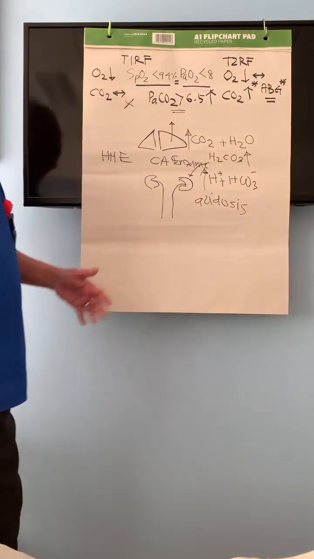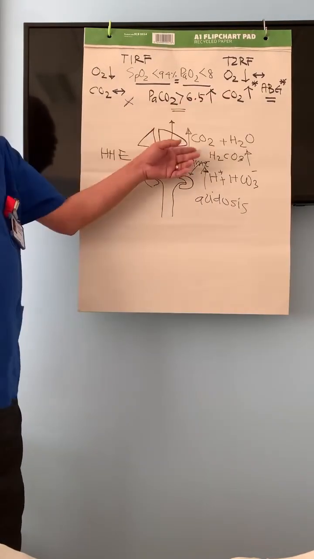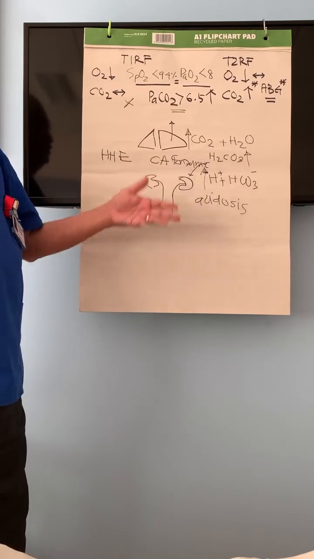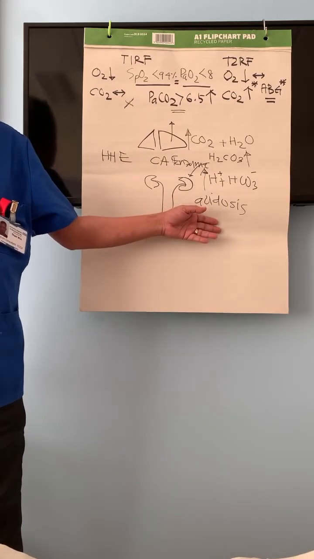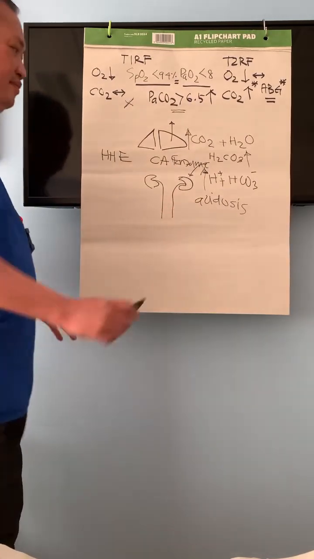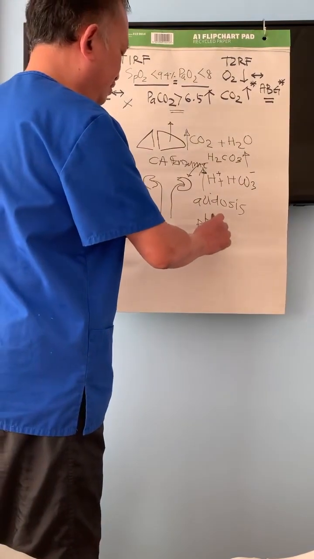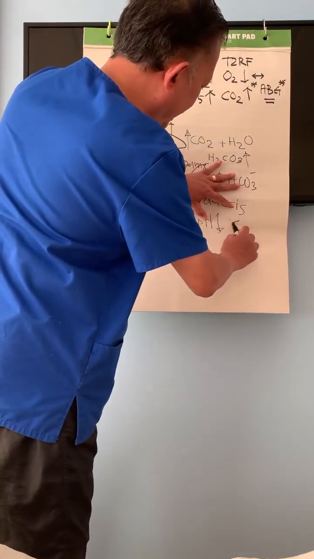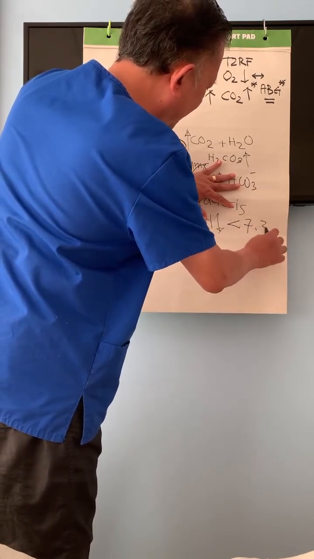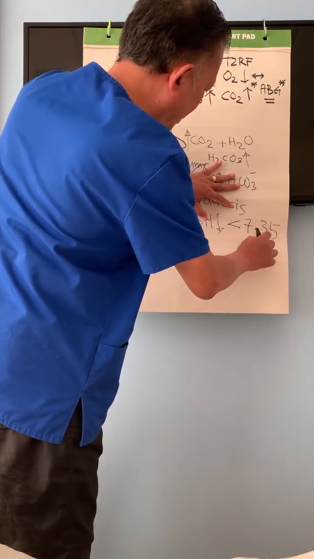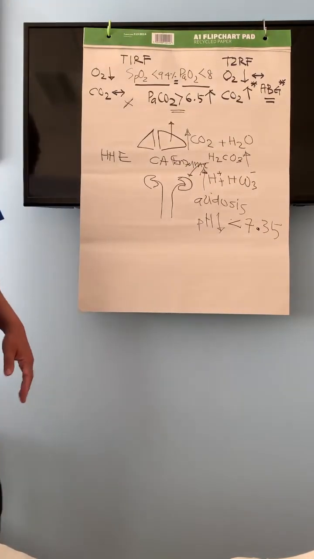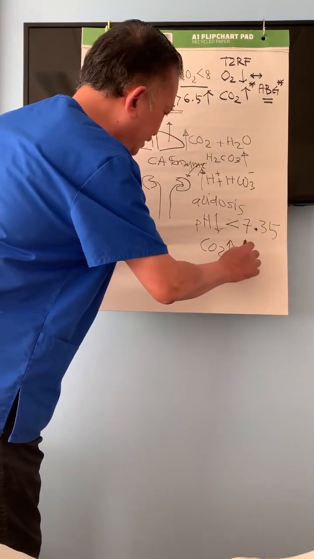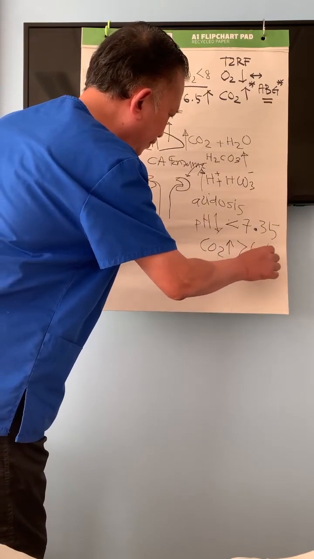So that's why in type 2 respiratory failure, patients keep on raising the carbon dioxide, and later they develop acidosis, pH drop. Our definition of acidosis is pH less than 7.35, and carbon dioxide must be elevated, more than 6.5.